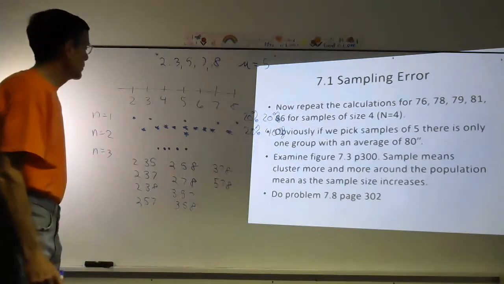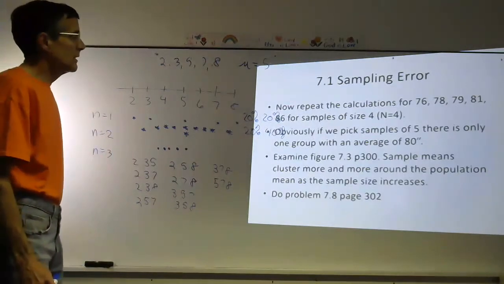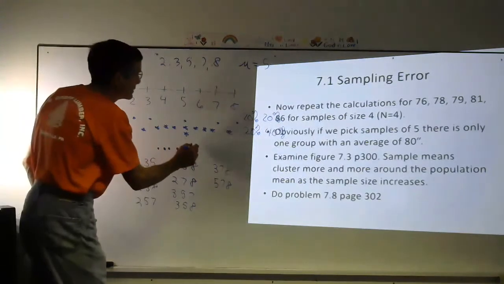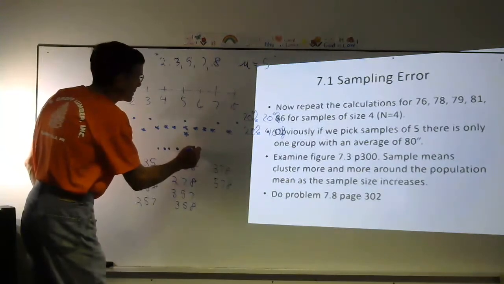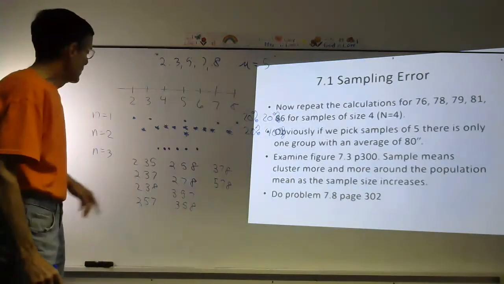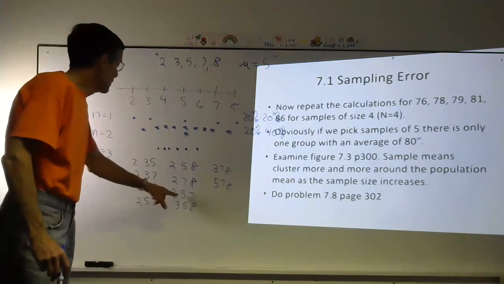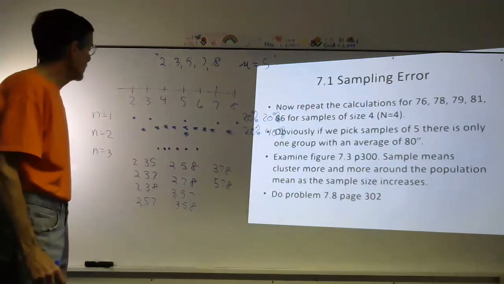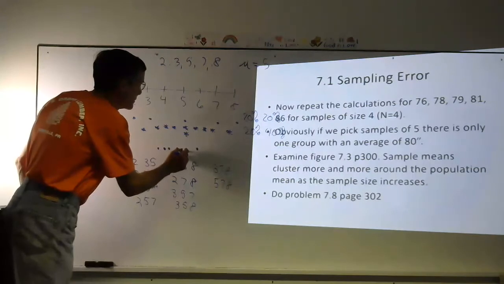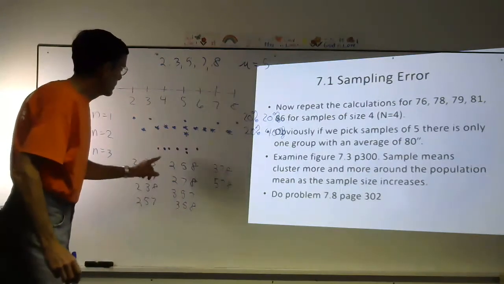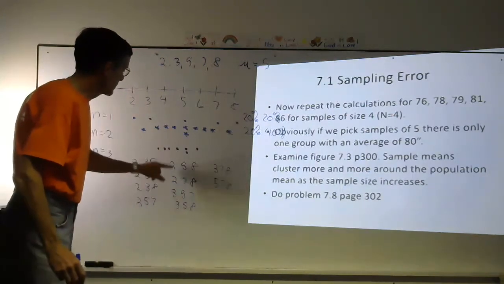17 divided by 3 is 5.7 over here. This is 15 divided by 3 is 5 again. 1, 2, 3, 4, 5, 6, 7.